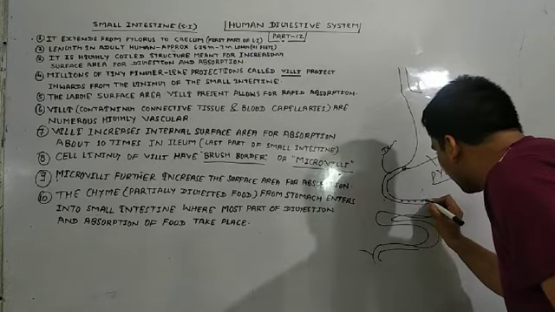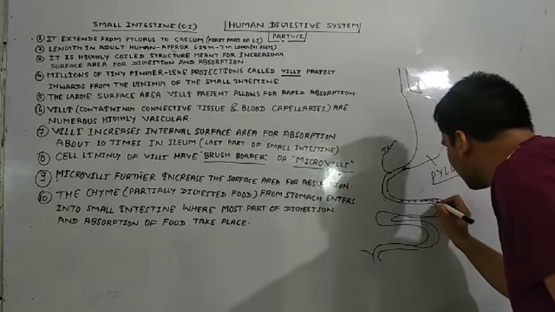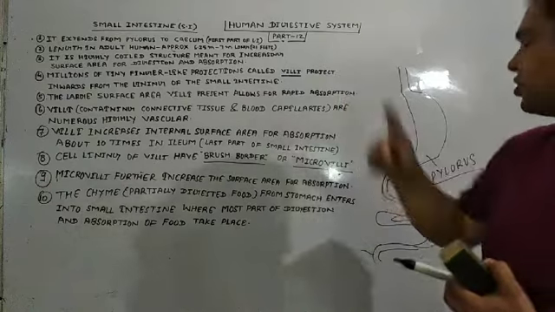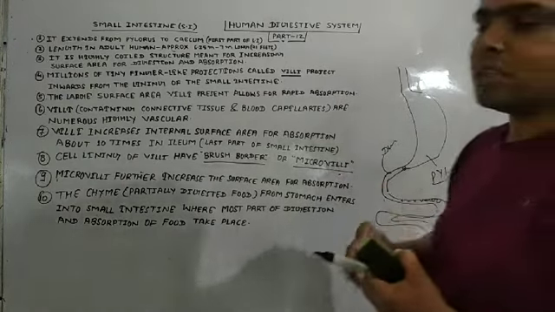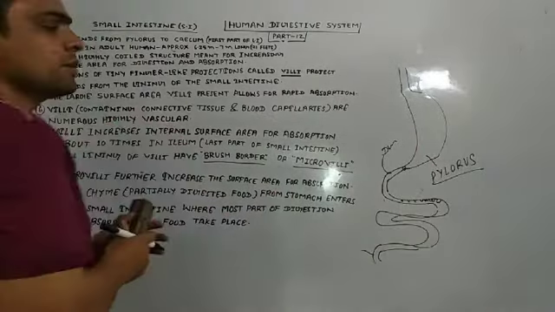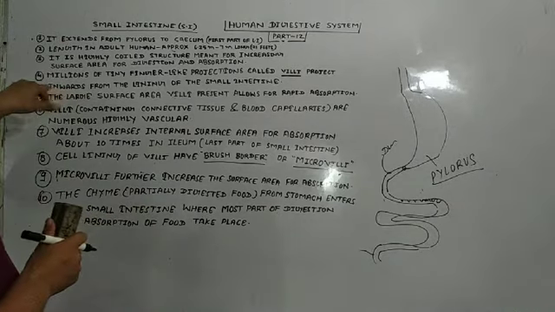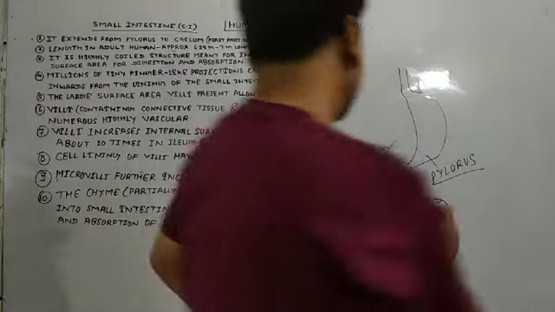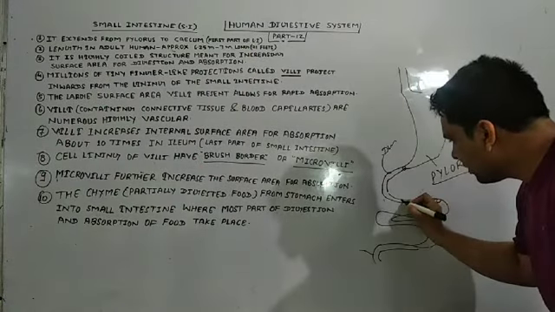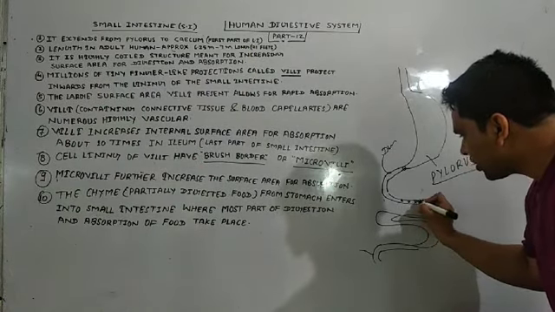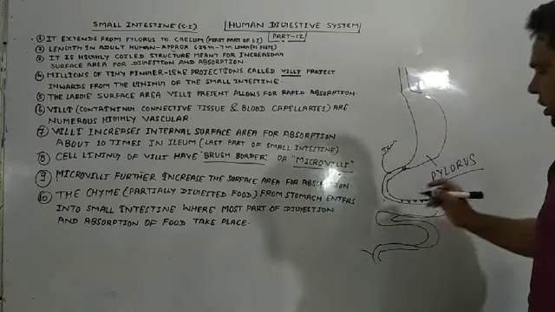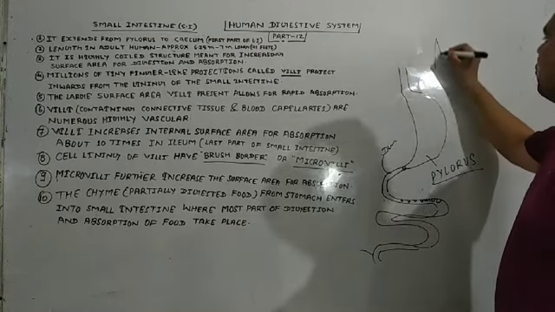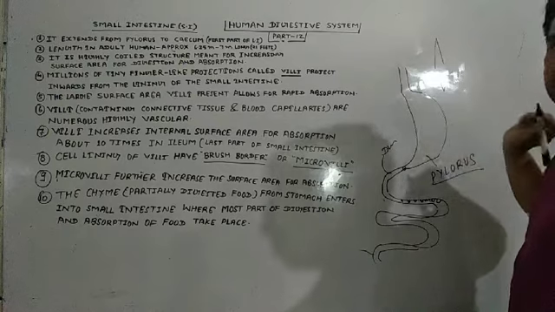Finger-like projections are found on the internal surface of the small intestine, which project inward, not outward. These are inward projections. Clear, students? Not outward projections, these are inward projections.